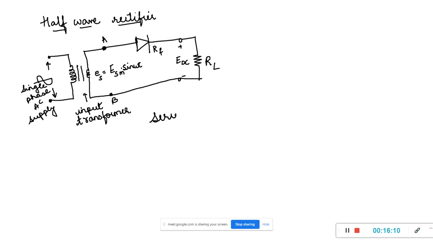So this is the circuit of the half wave rectifier, which is operating with the help of the input single phase AC supply mains, and to get the desired output, the pulsating DC, we use a transformer. The transformer may be a step up or step down transformer according to the turns ratio. So what is turns ratio? The number of turns in the primary and the number of turns in the secondary. So this is about the construction.